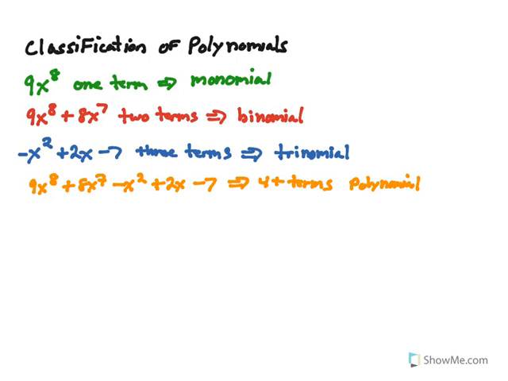Okay, and a polynomial is in descending order when the degree of the terms start from the highest to the lowest. So the one in orange that I have here, 9x to the 8th power plus 8x to the 7th power, you notice that the powers are decreasing, and then it's minus x squared, again it's decreasing, and then plus 2x to the 1st power, and then the constant would always be to the right.